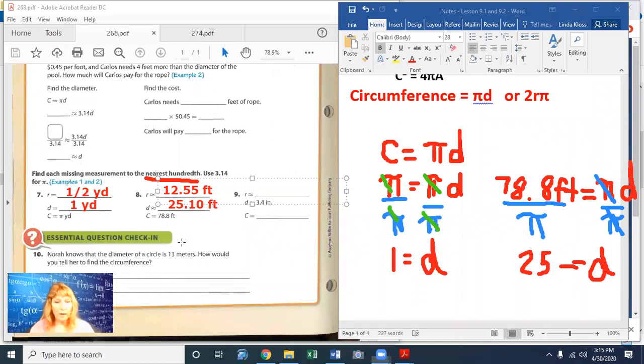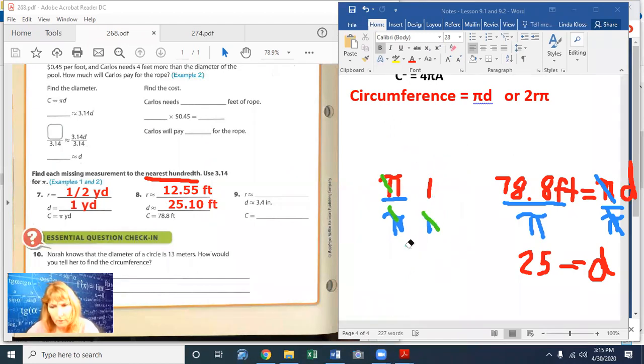Okay, number 9, same thing. No, 9's a little different because what do they give you this time? They give you the diameter this time. So move this out of the way a little bit here.